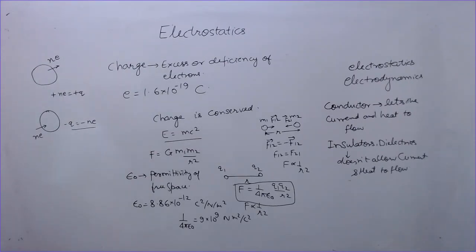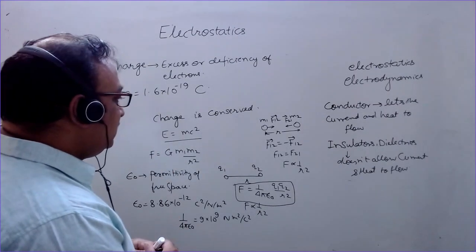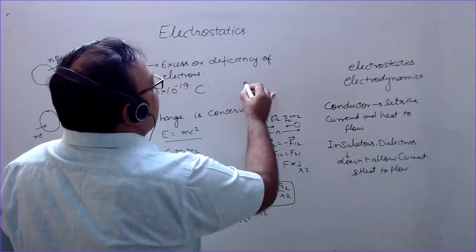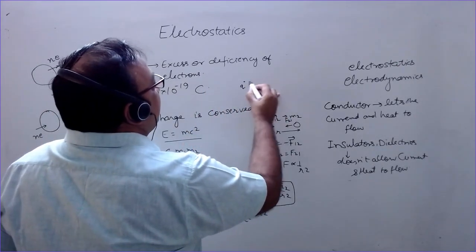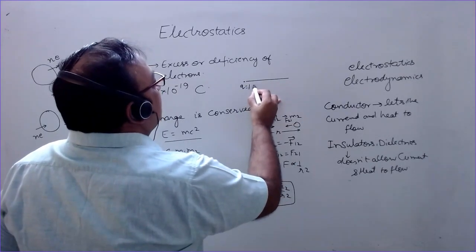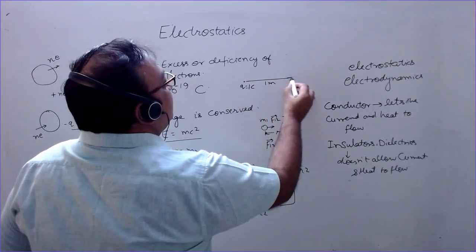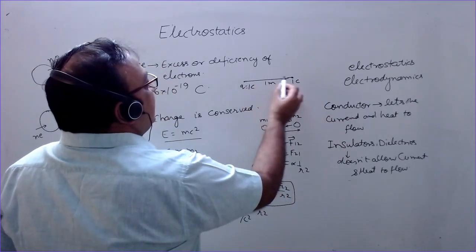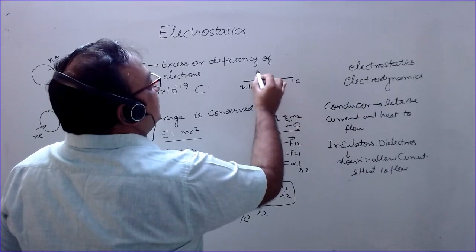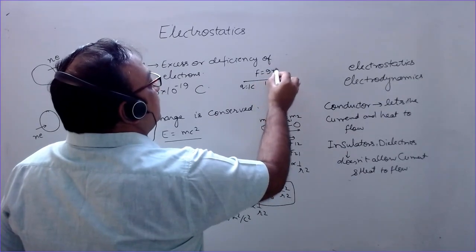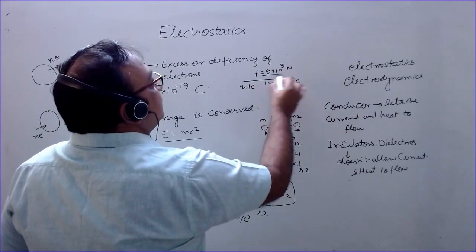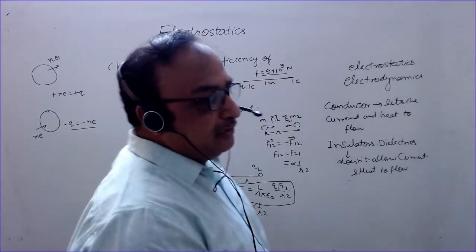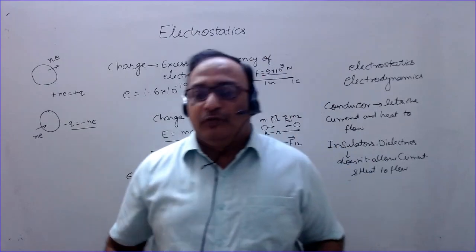So you can say that 1 coulomb is that charge which, when placed in free space at a distance of 1 meter from a similar charge, also 1 coulomb, will repel it with a force of 9 into 10 raised to the power 9 newton. This will repel that charge with this force, and that will also repel this charge with the same force. This is how you can define 1 coulomb of charge.